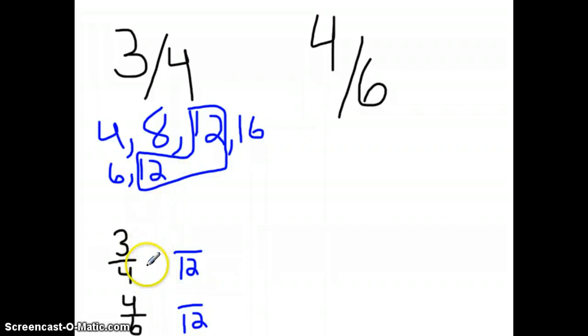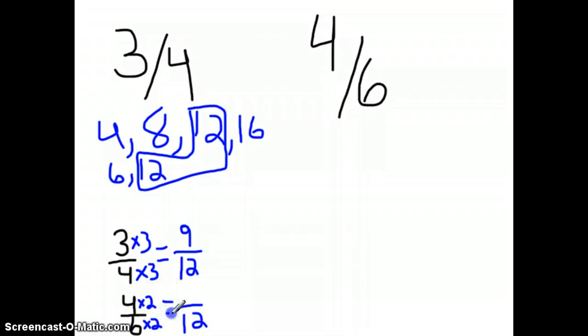Well, I multiplied 4 by 3 to get to 12, so that means I have to also multiply by 3 on the top. When I do that, 3 times 3 is 9. Well, how many times do I have to multiply 6 to get to 12? That was actually times 2, and I have to do the same thing on the top, so times 2 on the top.